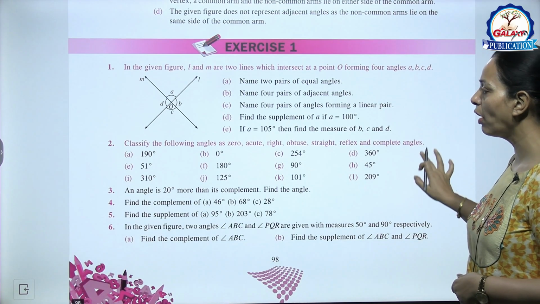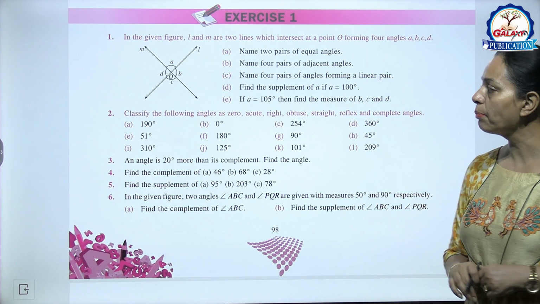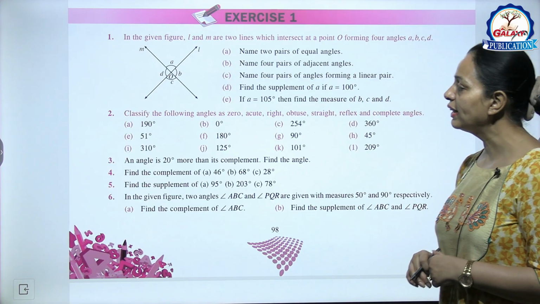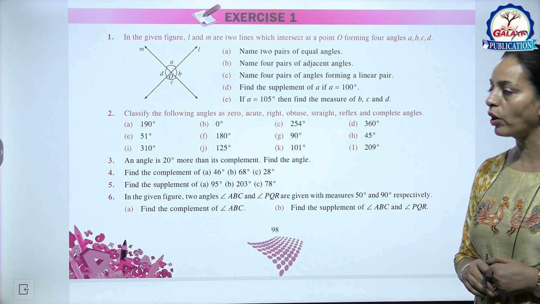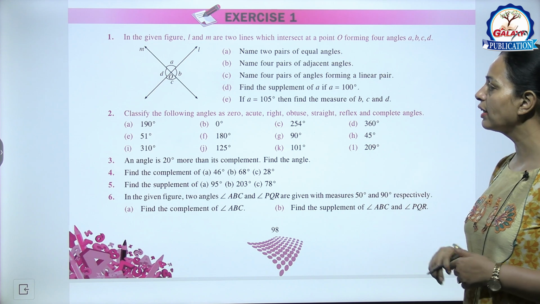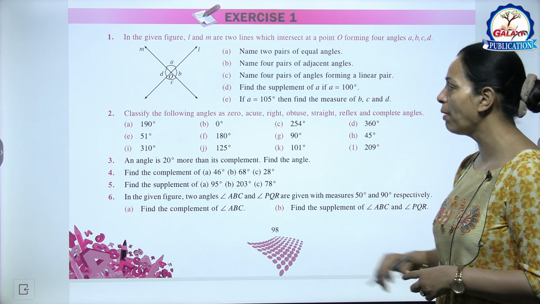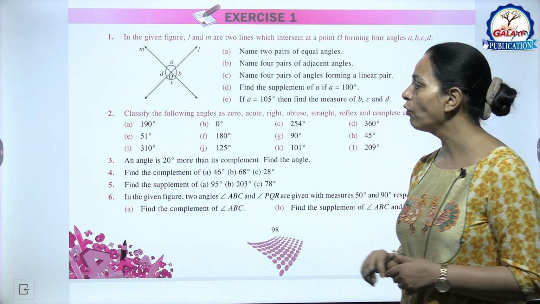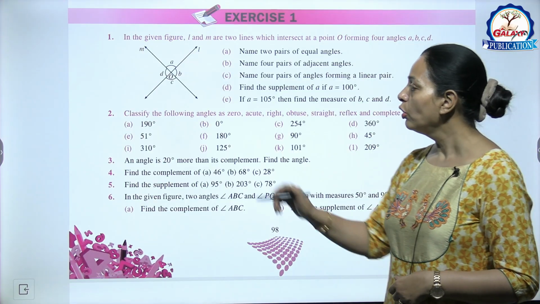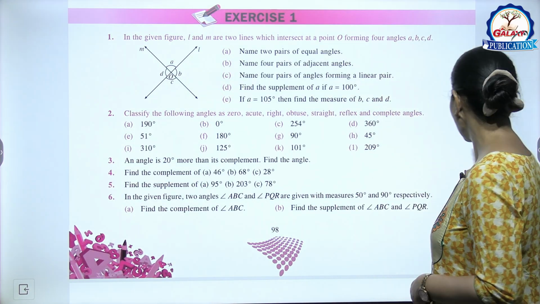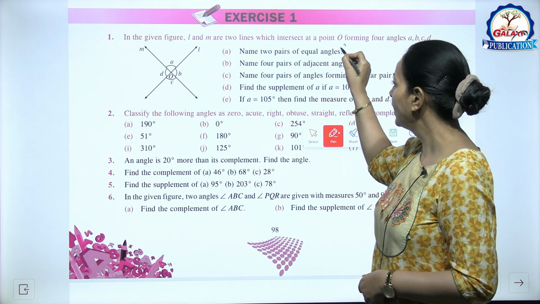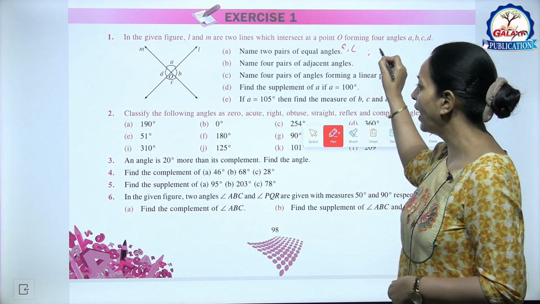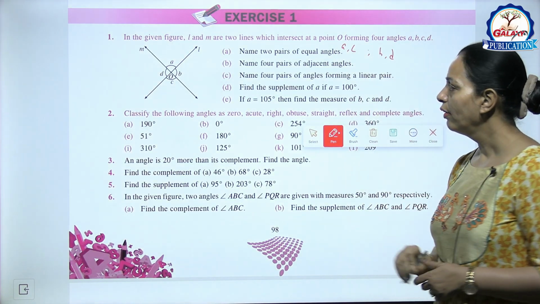Now exercise 1, based on such type of example, see question number 1. In this figure L and M are two lines which intersect at a point O, forming 4 angles A, B, C, D. A part, name 2 pairs of equal angles. So, you know vertically opposite angles are always equal. So, here A and C and B and D. Right?